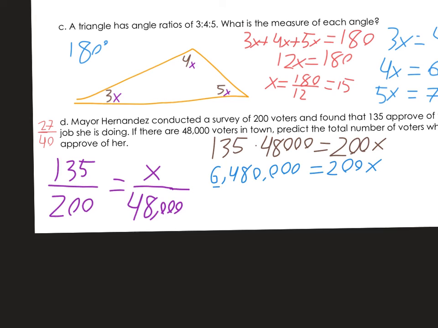Divide both sides by 200. And we'll end up with x is equal to 32,400 people.